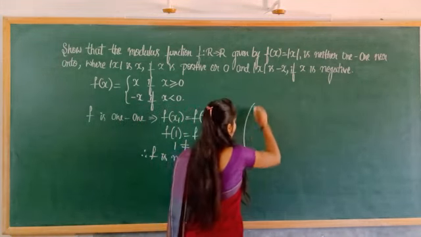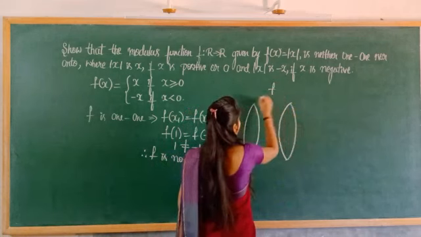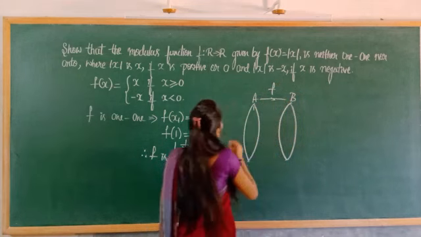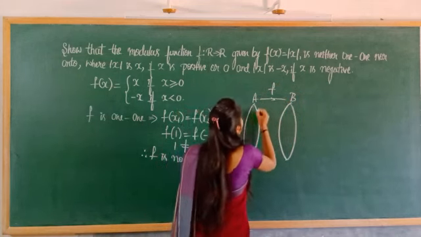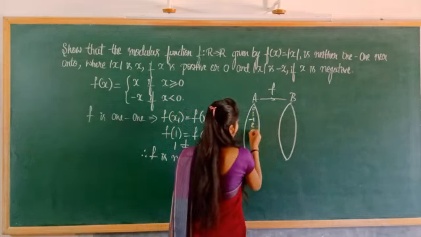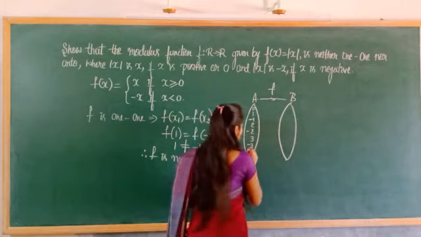Then you see here, function from A to B, real numbers, right? So 0, 1, minus 1, 2, minus 2, 3, minus 3, or 3.5, whatever you can take.